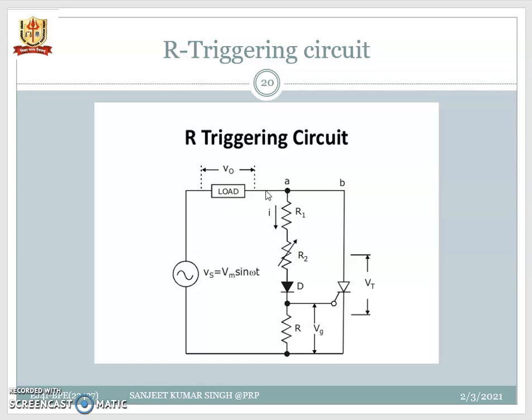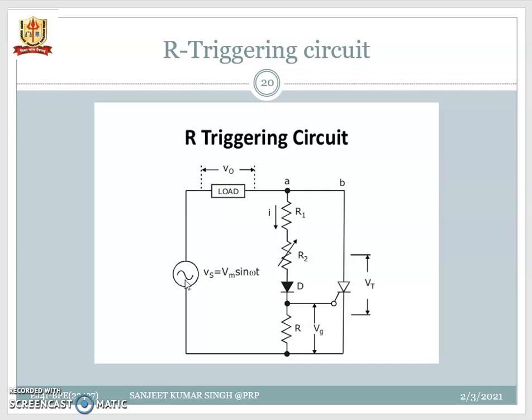Simultaneously, for the positive half cycle, diode is also forward biased, and there is a limited current flowing through the resistors R1, R2 and diode to the gate of the SCR, which will reach a minimum current and then it will turn on the SCR, and thereafter we have the load current flowing through the load through the device back to the negative supply. So we will have the output voltage obtained across load and power delivered to the load.